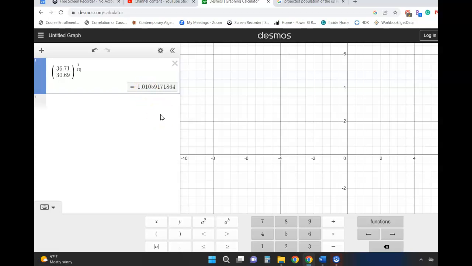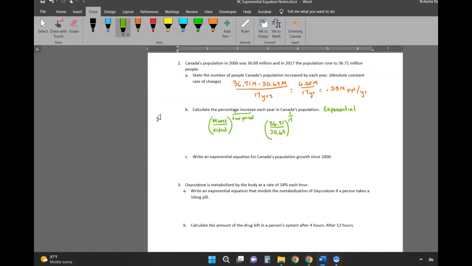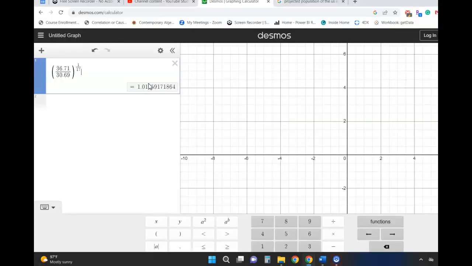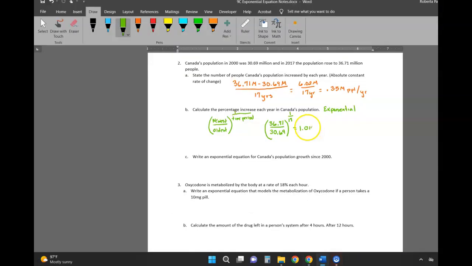So the 0.01059, that's actually what our percentage, or our decimal, is. I'm just going to write those down. This was 1.01059, and remember, the 1 is 100%. That's not our percent growth, that's just the 100%.